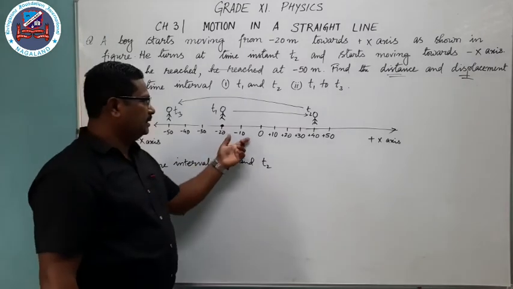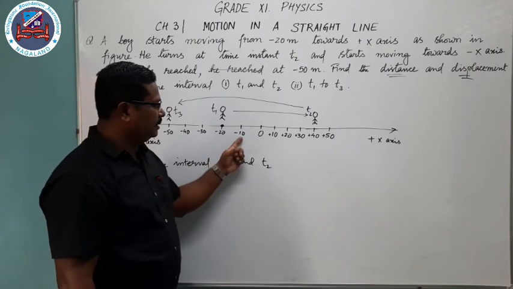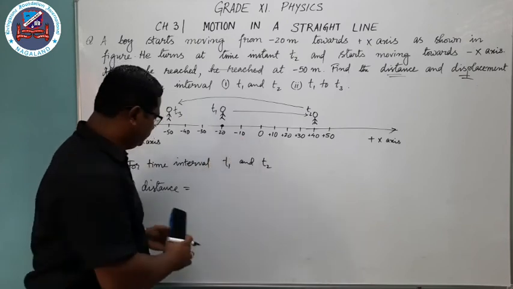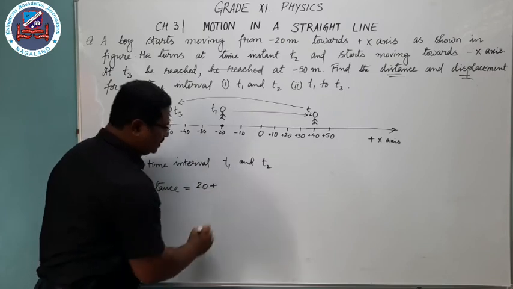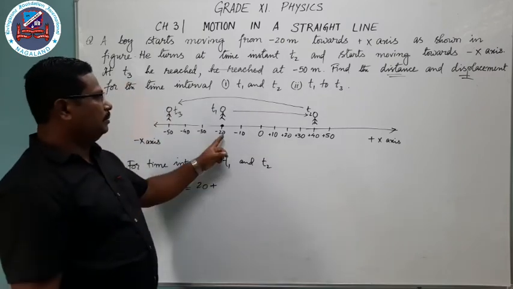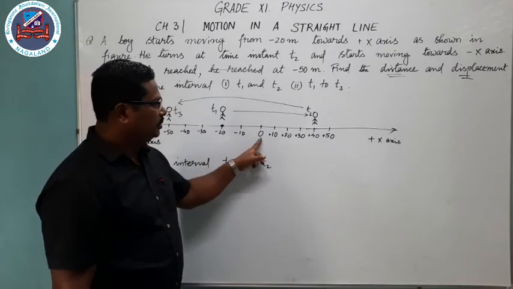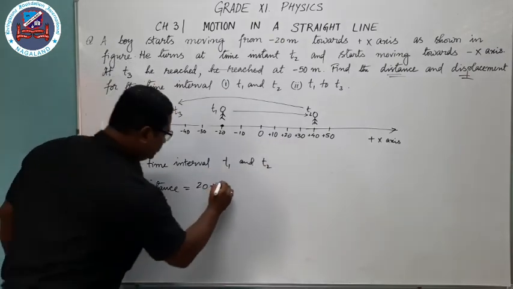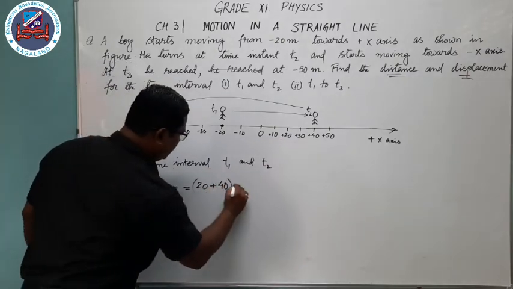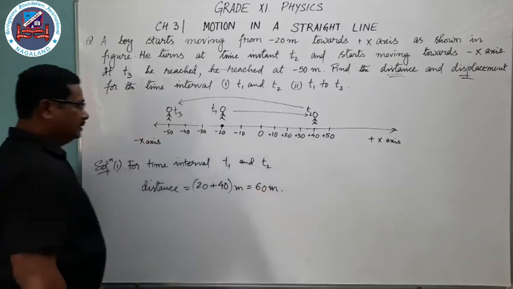We'll measure the distance like this. Here is the starting position at minus 20. This side is 10 meter, 20 meter. Negative will not come in, since distance is the actual path traveled by the body. So it is 20 meter, plus from 0 to 10, 20, 30, 40, this side you have 40 meter, so altogether you will get 60 meter. This is the distance.